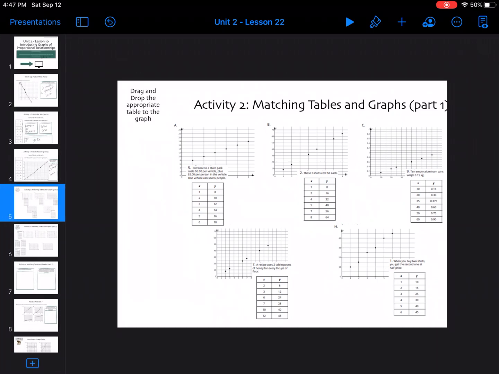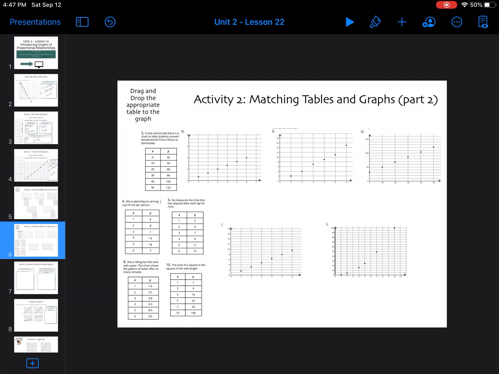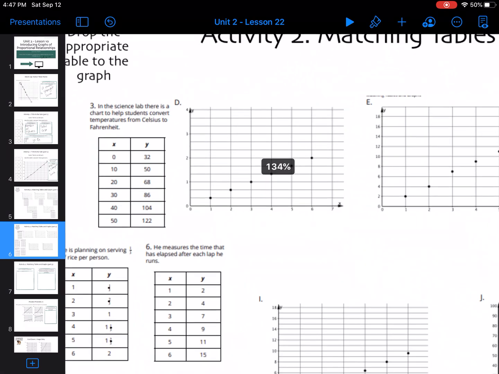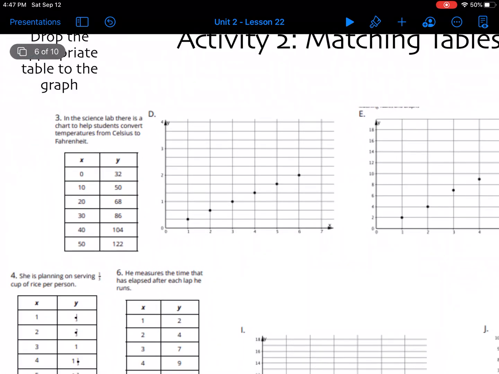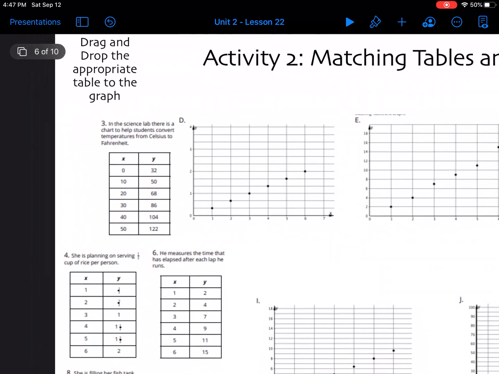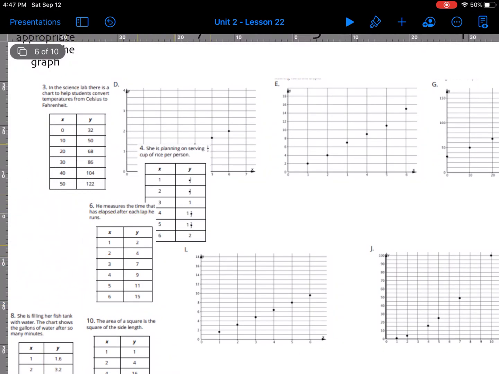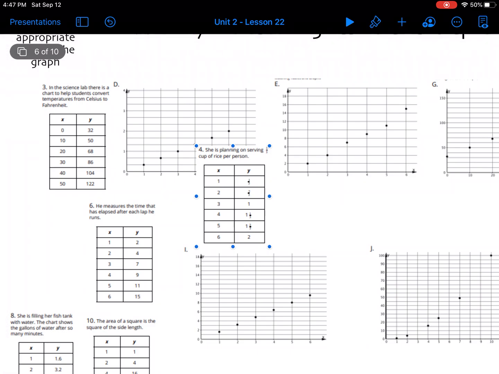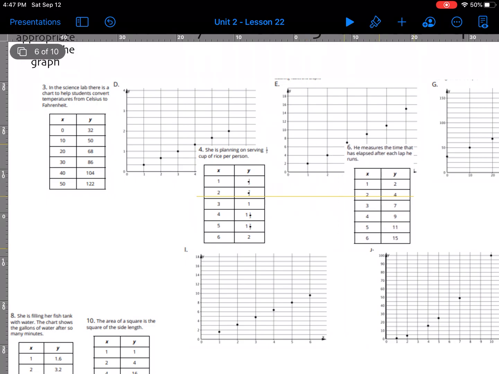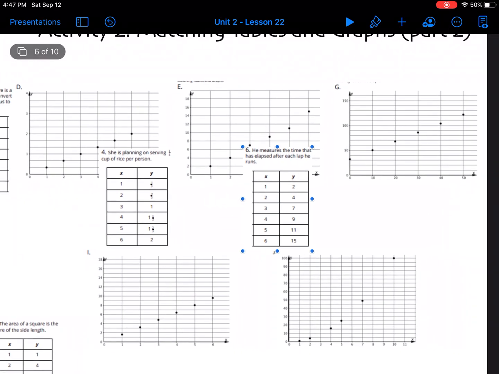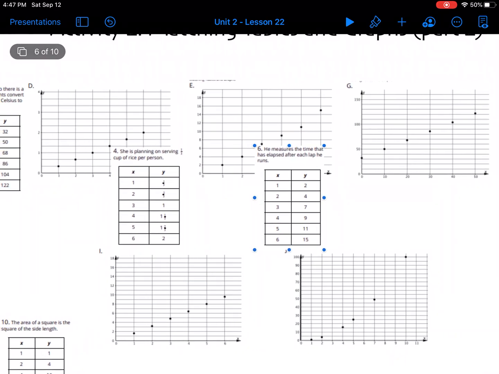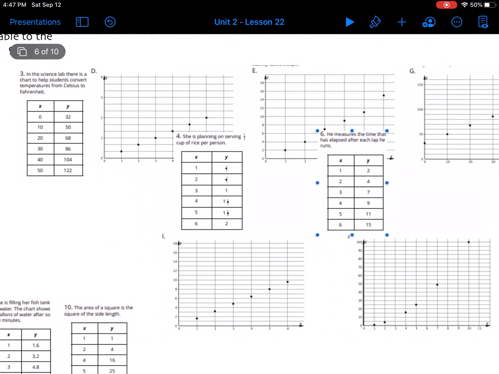So I didn't read any of the word problems. I used it straight off the table. So let's try, oh, same thing again. So now I'm looking in the crosshair. So I'm looking where the two lines meet. So this has to be 1 and 1/3 that goes together. So it looks like it's this one. Okay, this one looks like 1 and 2 go together. So it has to be this one. This one, 10 and 50 go together.